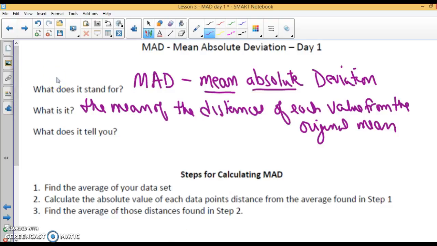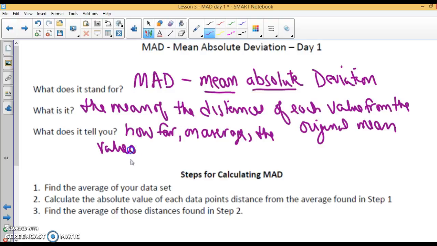What does it tell you? It tells you how far on average the values are from the mean.